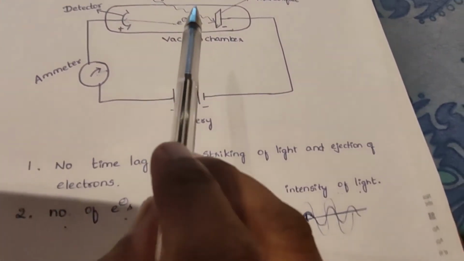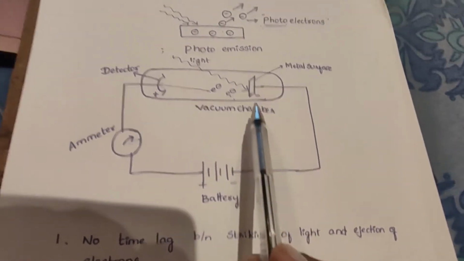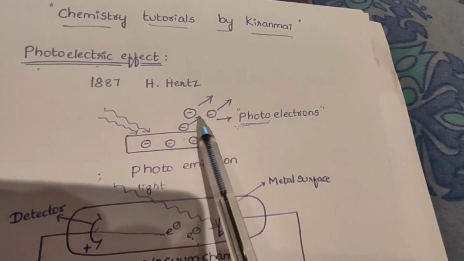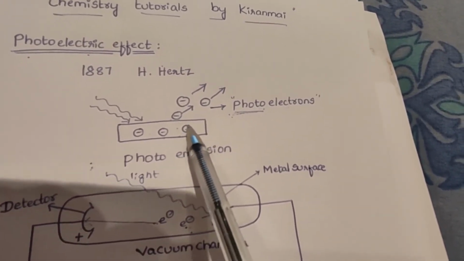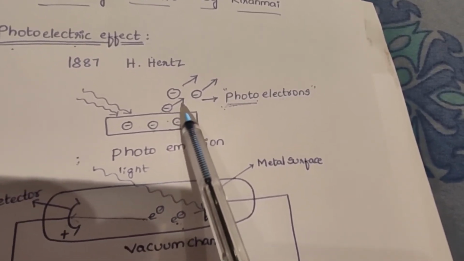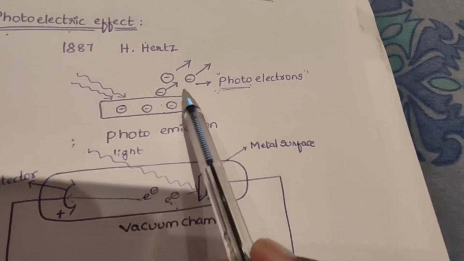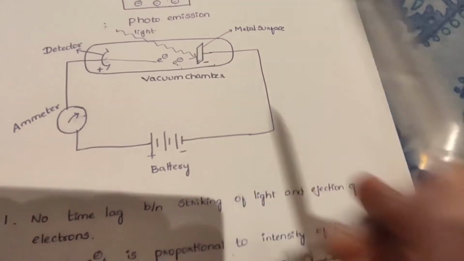And the kinetic energy of these electrons: electrons are on the metal surface. When they get into motion, the static energy will be converted into kinetic energy. So the kinetic energy of these electrons increases with increase of frequency of light.